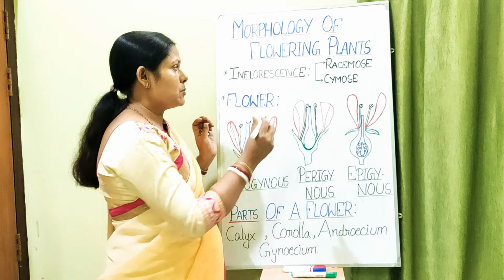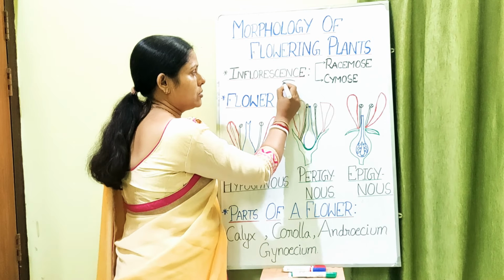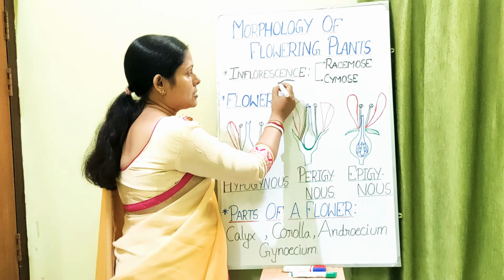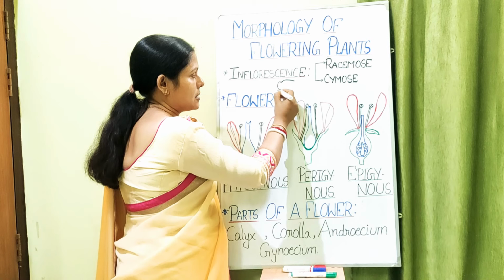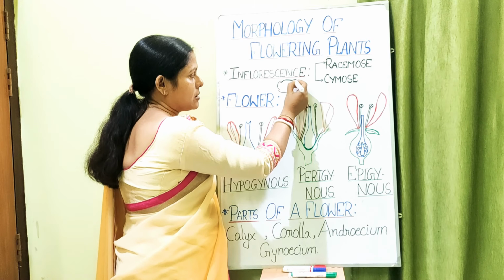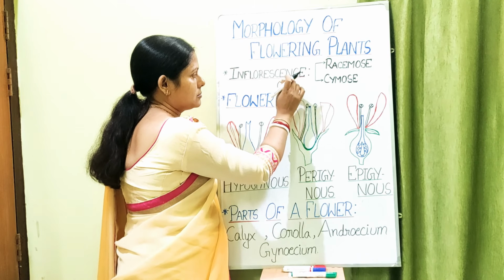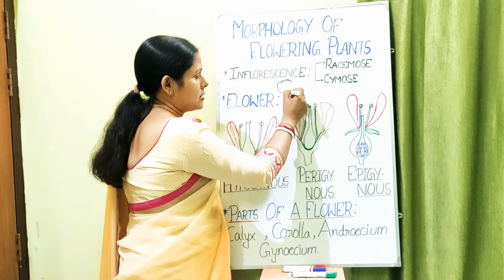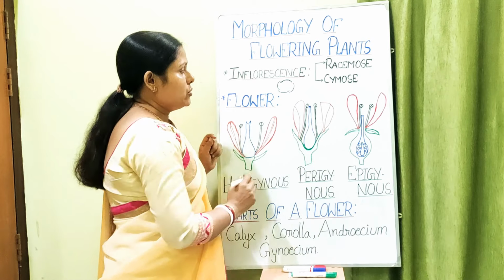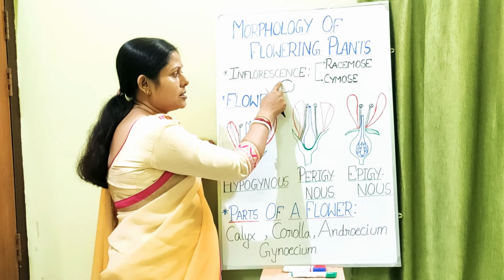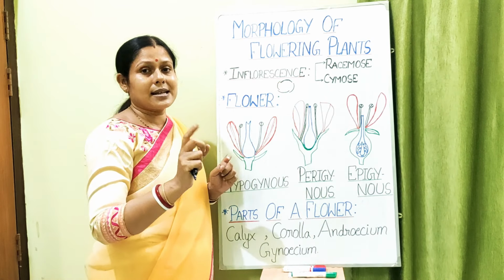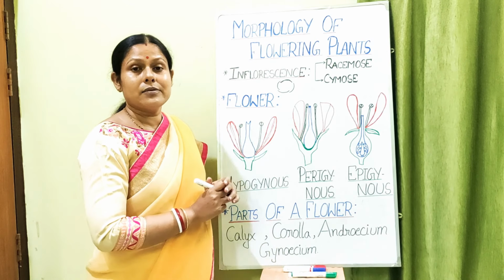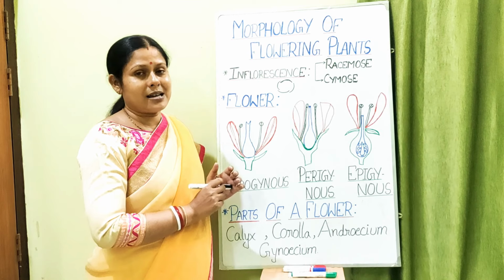That means suppose this is one calyx, this is another calyx, this is another calyx, and this one is another calyx. So you can see here that each member's only one side is overlapped by that of the other. This type of aestivation is called twisted aestivation.